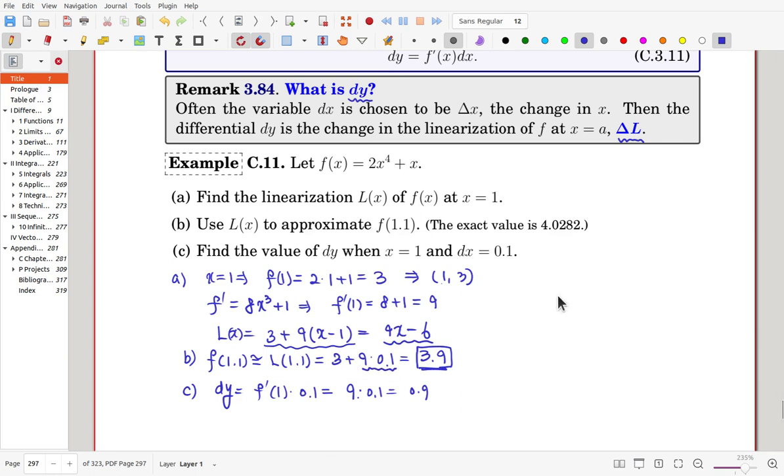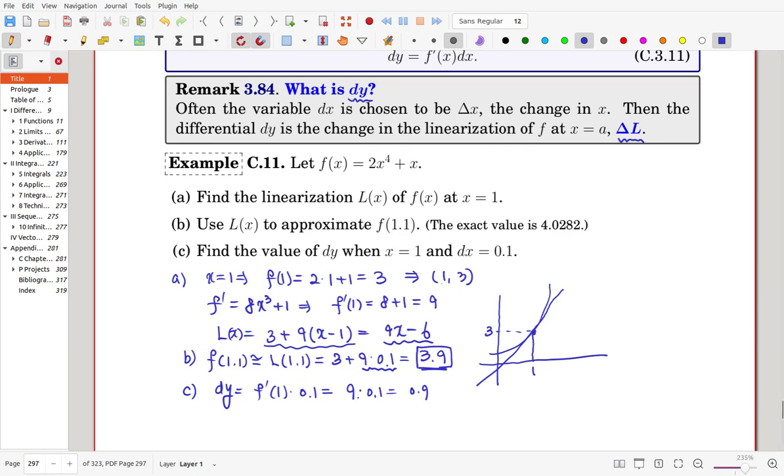And pictorially, right now f(x) is given in this way. The tangent line is given in this way. Here x is 1, and the value over there is basically 3.